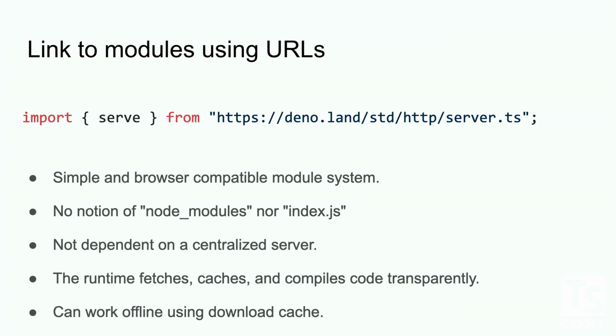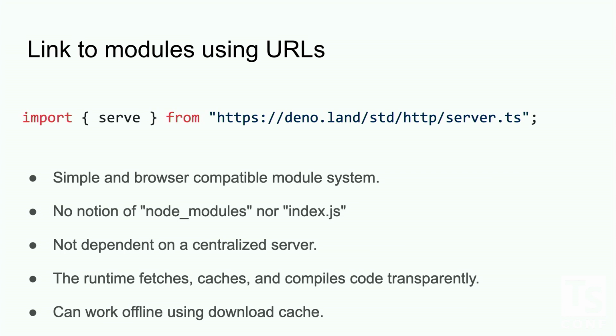Probably the most obvious change here is that you import from URLs in Deno. And this is intended to be a replacement for the entire module system. So if you're requiring an npm module, right, you require Express. Implicitly, you can also think of this as a URL.